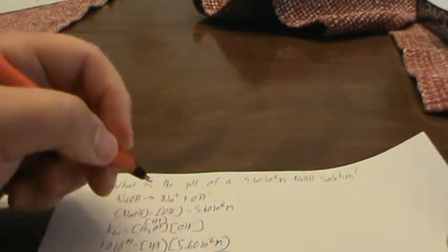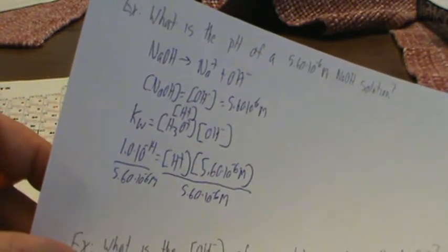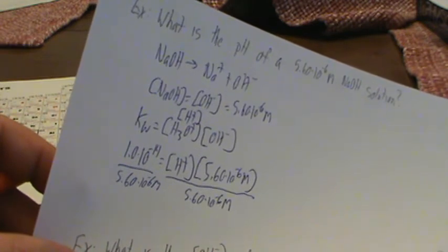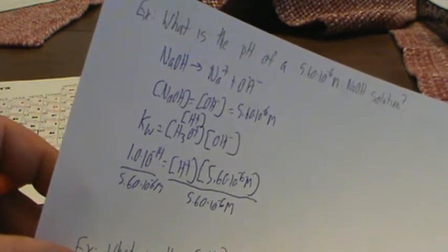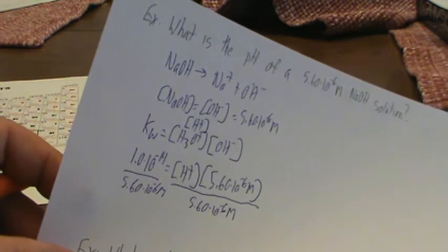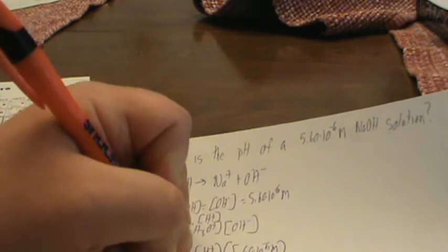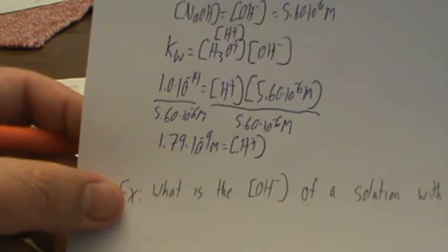So we're going to divide both sides by 5.60 times 10 to the negative 6. 1.0 times 10 to the negative 14th divided by 5.60 times 10 to the negative 6, and I'm coming up with 1.79 times 10 to the negative 9th molar for my hydrogen ion concentration.